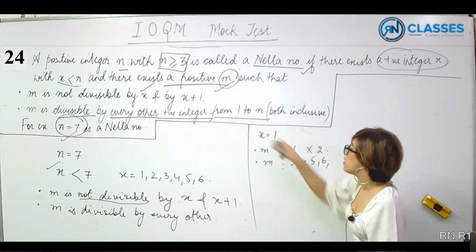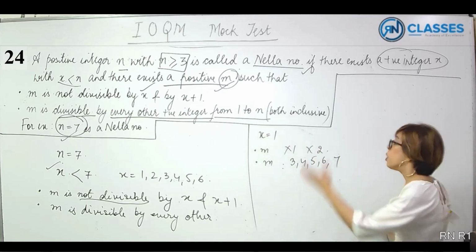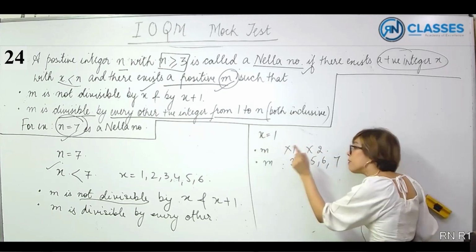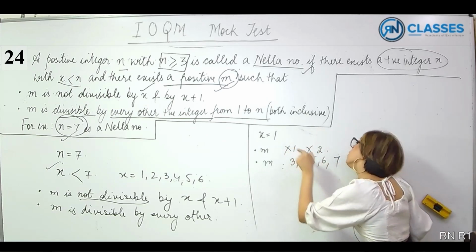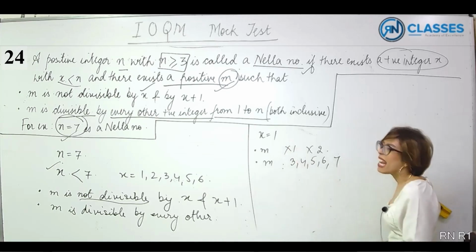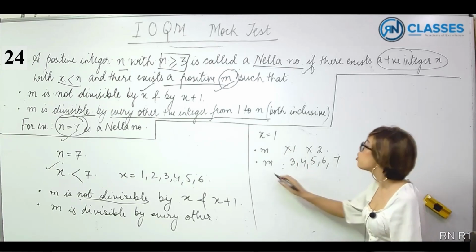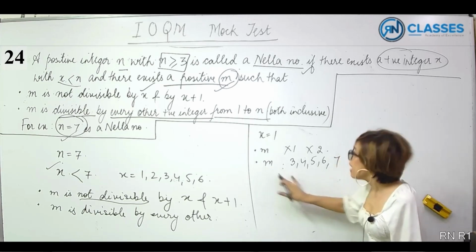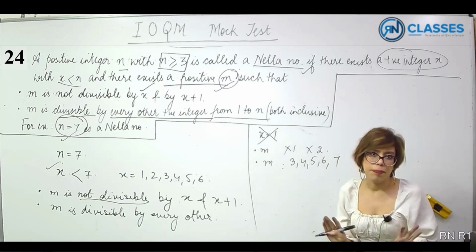So you need to find m which is not divisible by 1 and not divisible by 2, but should be divisible by 3, 4, 5, 6, 7. Any number which is divisible by 3 would be divisible by 1, right? So you are unable to find m. That means x equal to 1 is not my existence number.